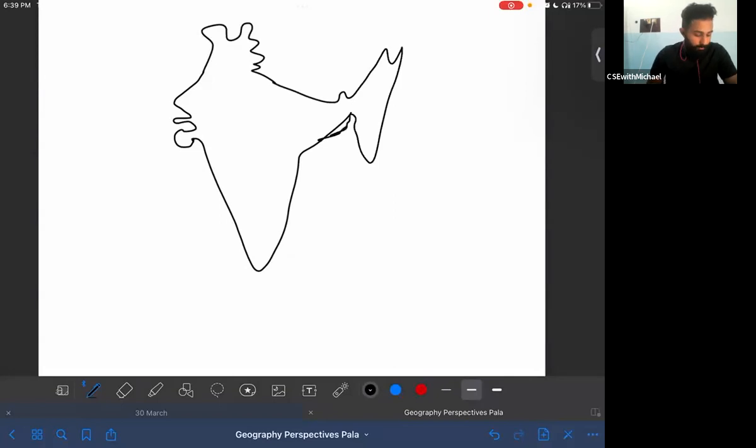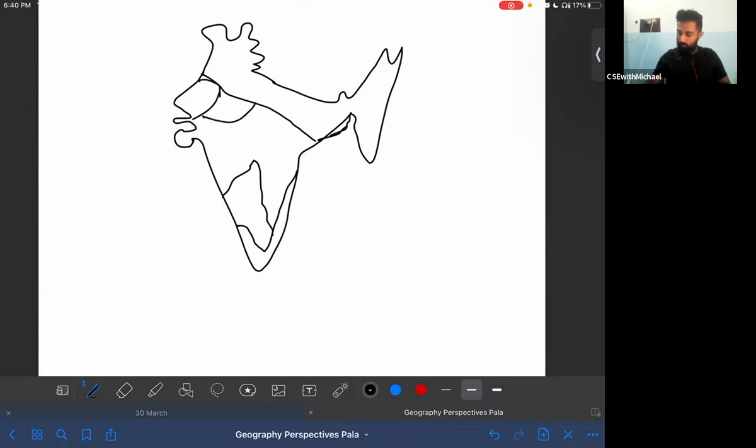These are the regions mostly composed of the shield region. Please write the Aravalli and Rajasthan platform, Bundelkhand, Chota Nagpur provinces.